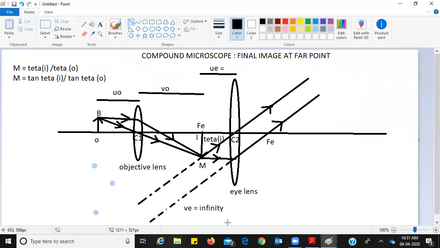So I'm drawing another line from C2 till the near point. I'm taking any point of my wish, because there's no near point given in the question. This is the near point, and I'm transferring the object to that point. The object will become O dash B dash. Then draw the line from here.